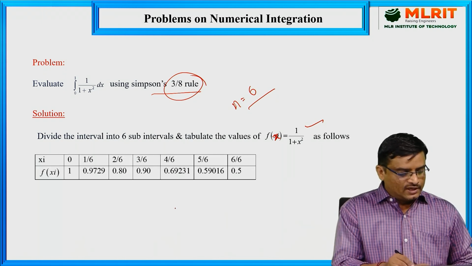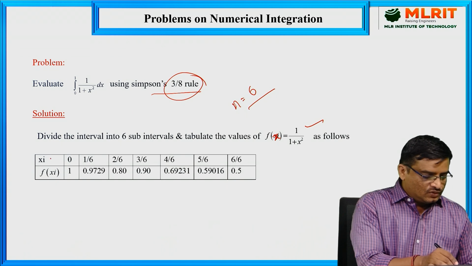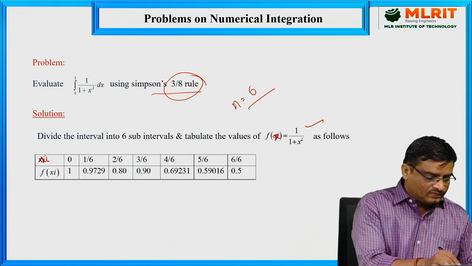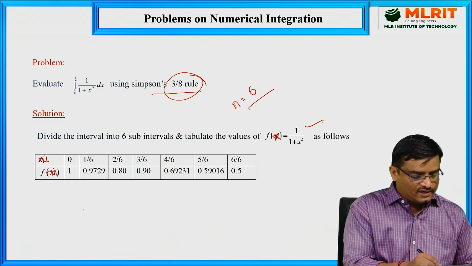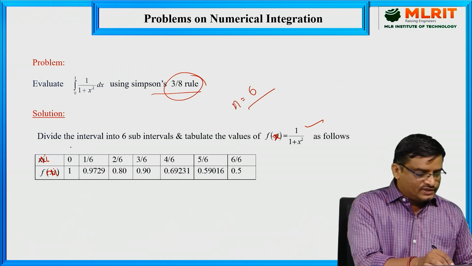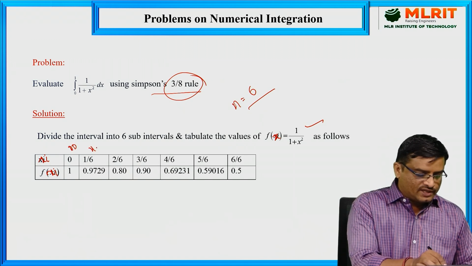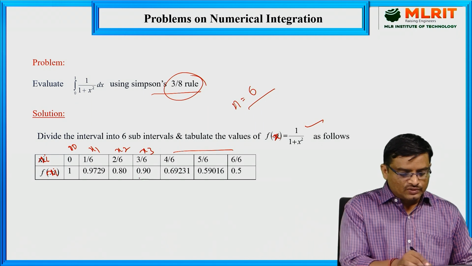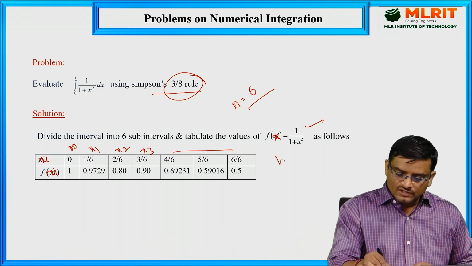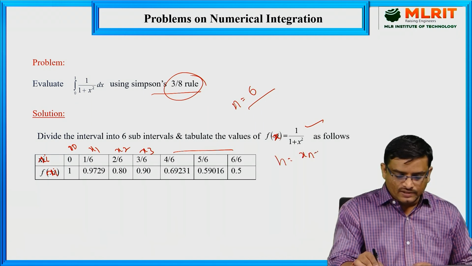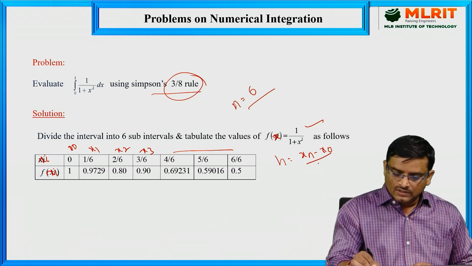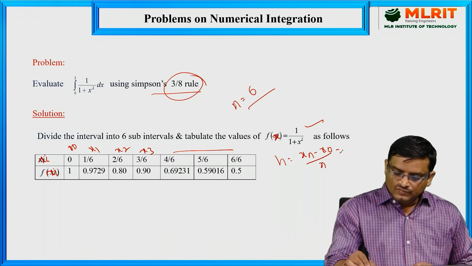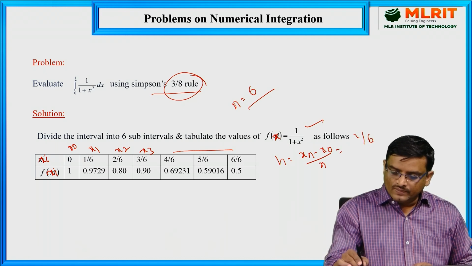Now this is the table we got. We can consider x suffix i. So this is x0, and this is x1, x2, x3. We know how to get these values. h is equal to (xn minus x0) by n, so you will get h equal to 1 by 6.